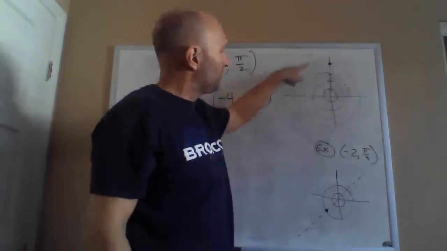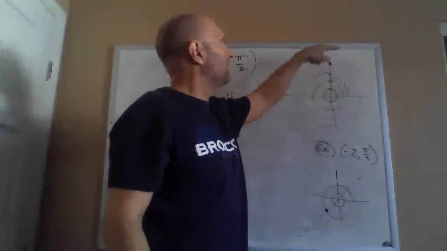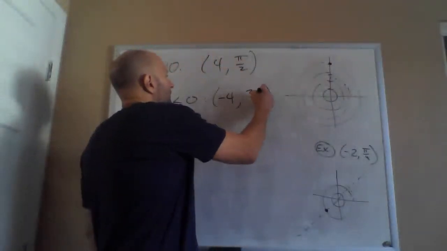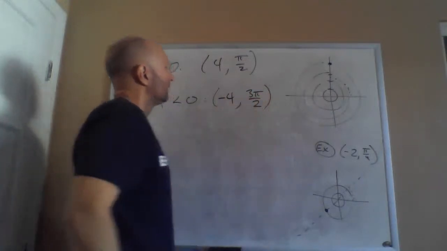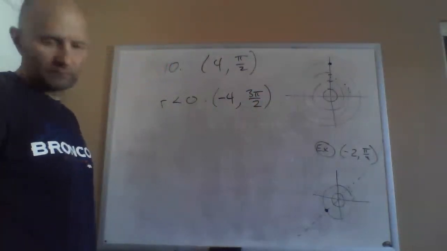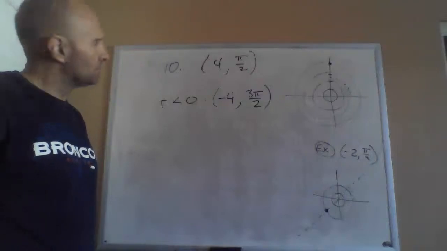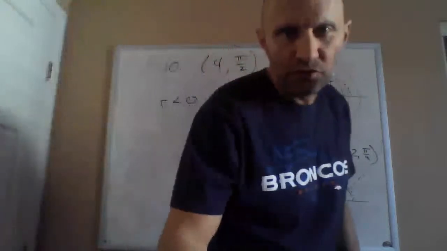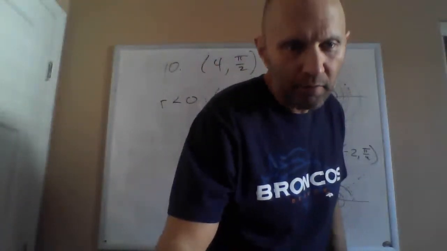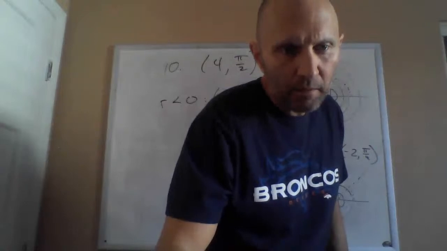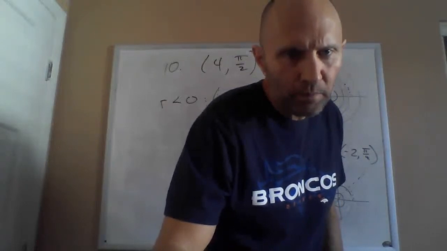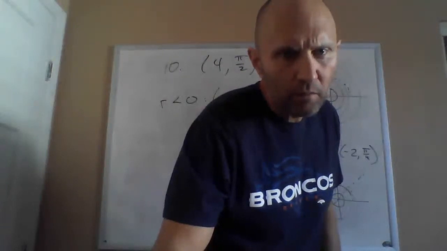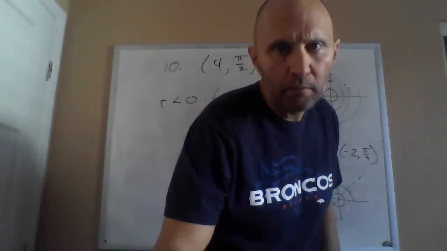Well, this is 3 pi over 2, and then negative 4 tells me to go the other way on the graph. So we get that value there. And let me just check the problem again here. Yeah, okay.